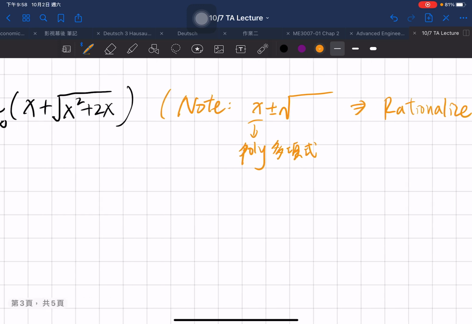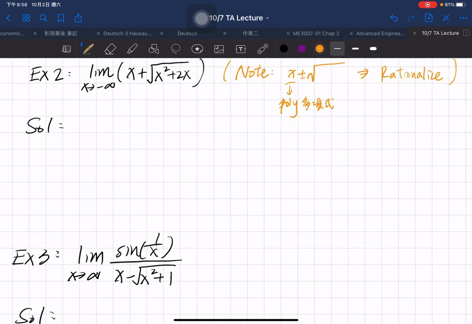This is a really important skill in doing limits. So now we try to do rationalization.